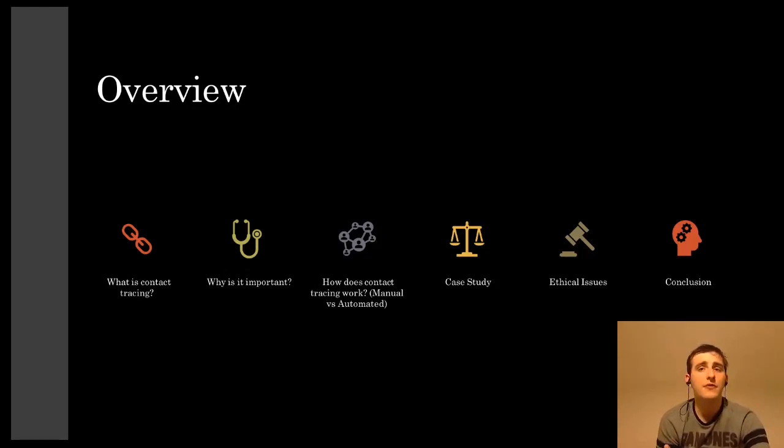There are two different types of contact tracing, and we'll be discussing that. And then we'll go further in depth on what has been done as far as automated contact tracing because we're more interested in that as computer scientists. There's currently one implementation, and we'll talk about that. Then we'll talk about some ethical issues related to contact tracing, especially automated contact tracing. And then we'll wrap it all up.